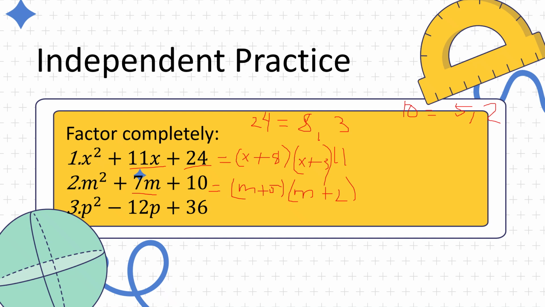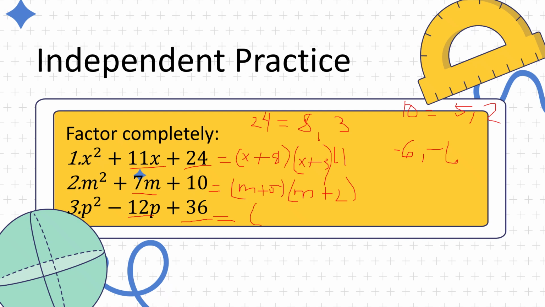Very good. Next. For 36, 36 is a perfect square. That is 6 times 6, right? But we can also use negative 6 and negative 6. Negative 6 plus negative 6 gives us negative 12, and when we multiply them, it gives us positive 36.